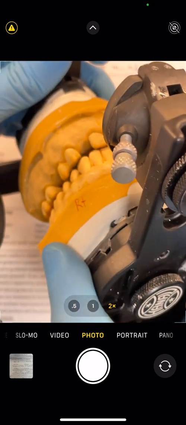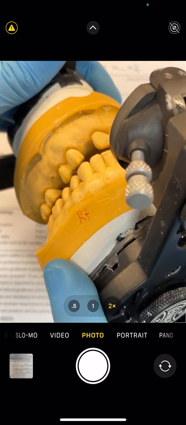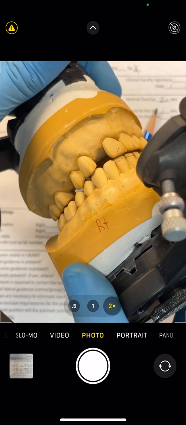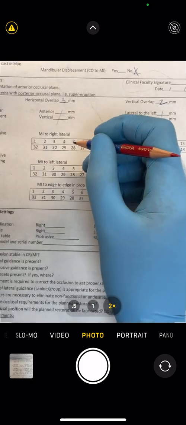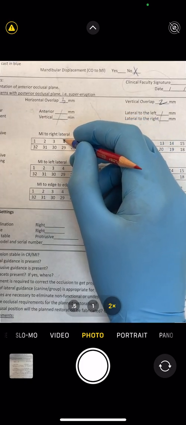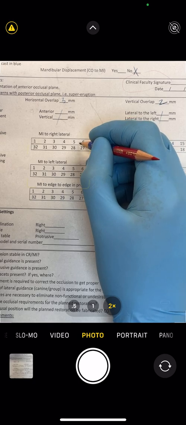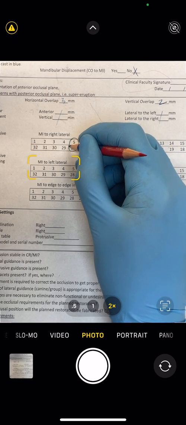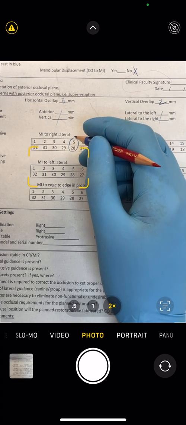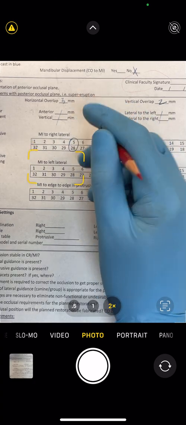I think the premolar is catching. So the working contact on the right side is not the canine, it's the premolar. We're just recording what the patient has. That's fine.